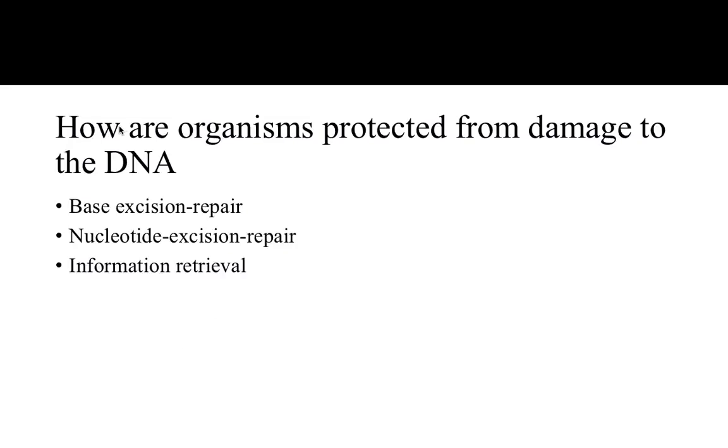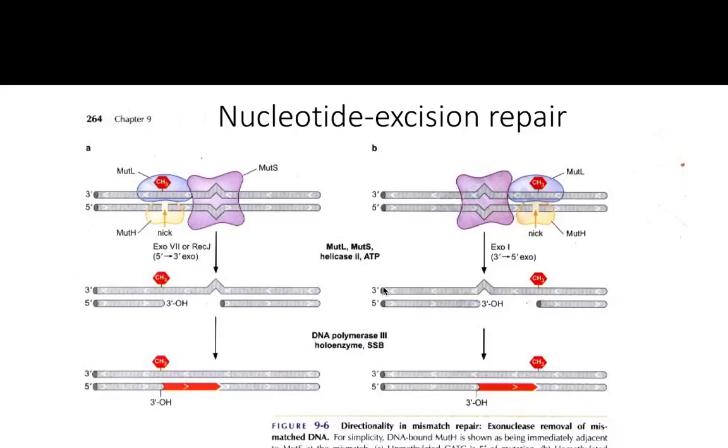Organisms are protected from damage to DNA by several mechanisms, one of which is called base excision repair, in which just the base is removed from the backbone and replaced. Another is called nucleotide excision repair, in which the backbone is actually broken and some of the nucleotides removed and then repaired. And then information retrieval, which is getting information from another chromosome.